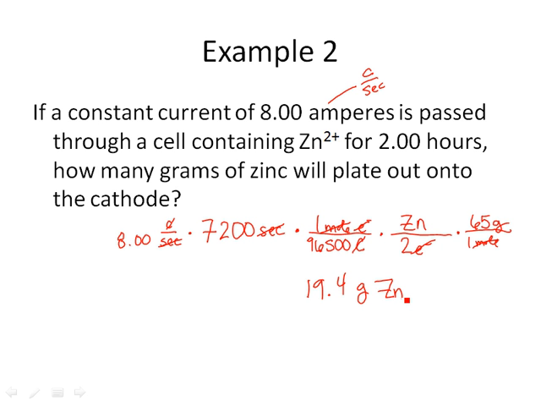Now what they'll do on multiple choice with these questions is, obviously, you can't do math with 96,500 on multiple choice. So your choices will be setups. Like one choice will be 8 times 7,200 times 65 over 96,500 times 2. So the top numbers match and the bottom numbers match, that's the right answer.